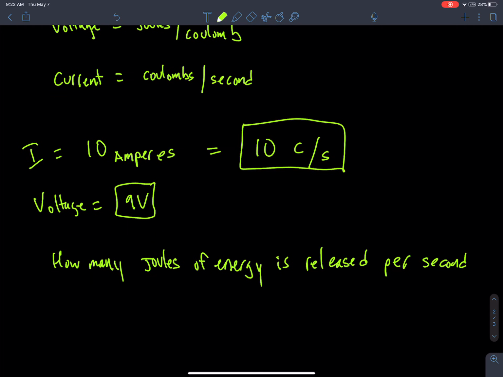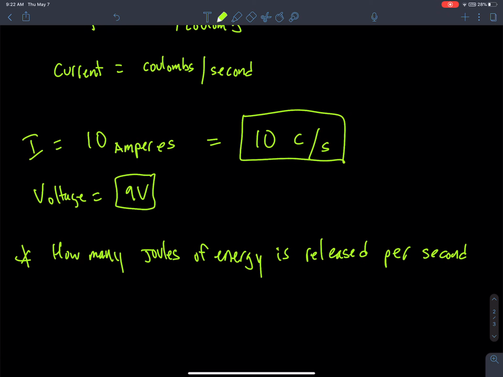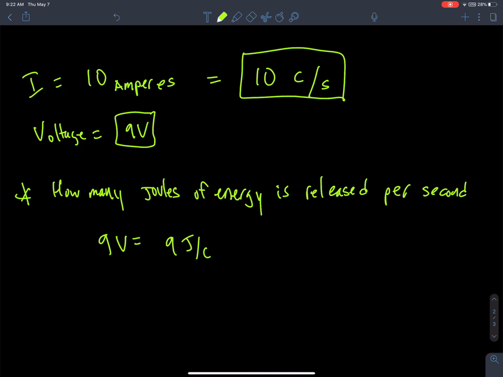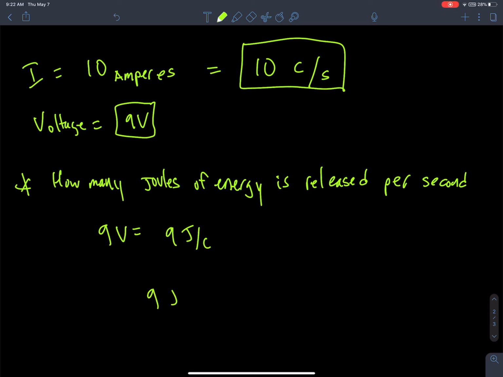I want to figure out how many joules of energy is released in that resistor per second. Well, 9 volts is equal to 9 joules per coulomb, right? So if I take 9 joules per coulomb and multiply it by 10 coulombs per second, I can see that my coulombs are going to cancel out. And I'll be left with 90 joules of heat energy released per second.